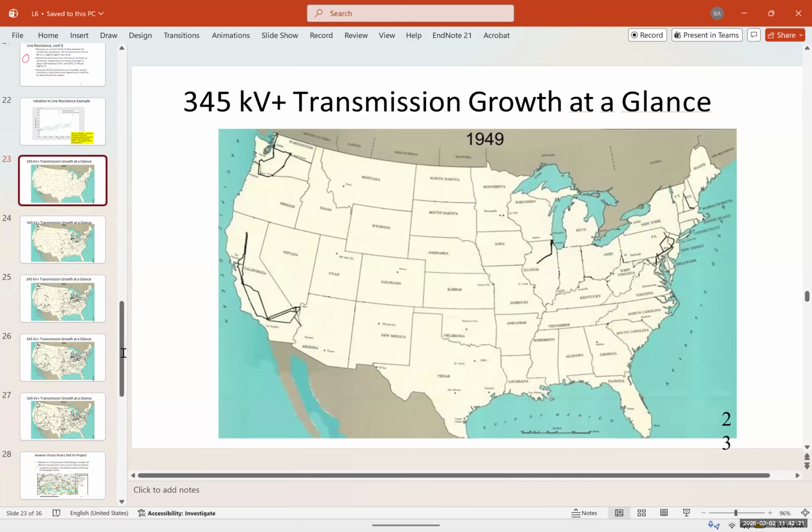Now, this shows a 345 kilovolt transmission grid at a glance. I just want to emphasize the importance of calculating the inductance, capacitance, and also resistance. And the higher the voltage you get, the more careful you have to be.